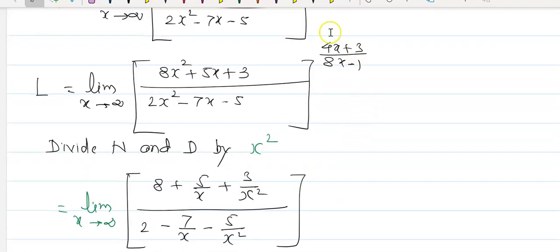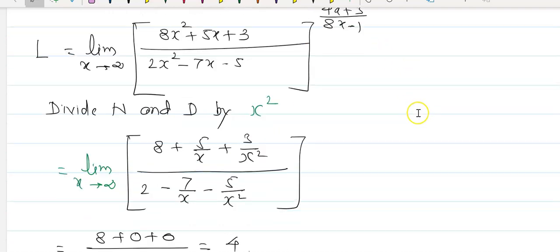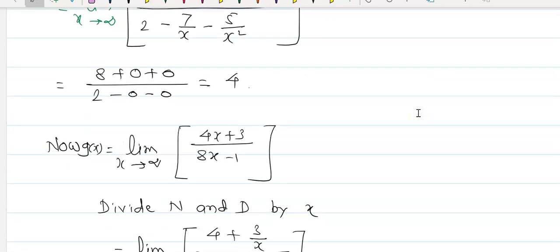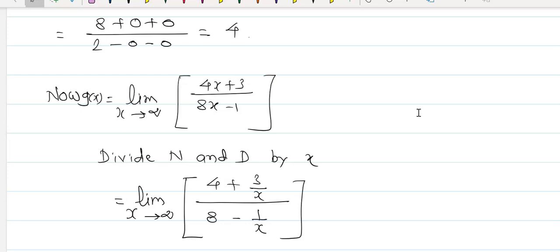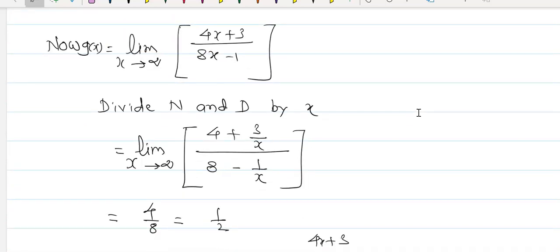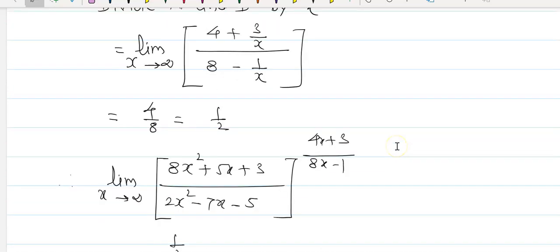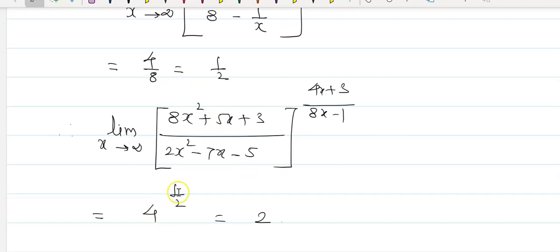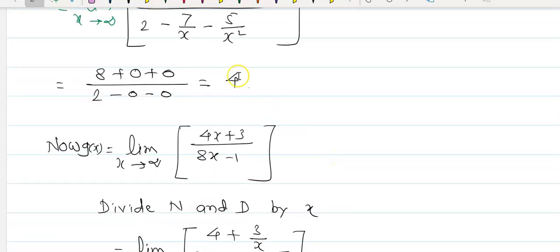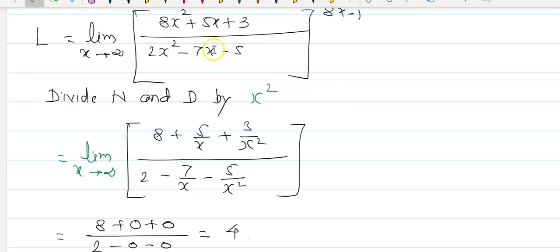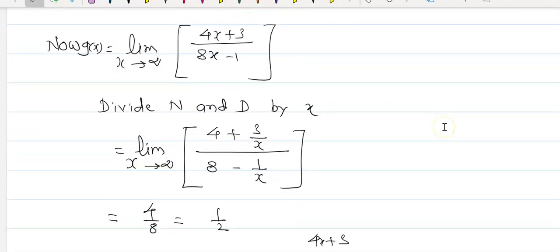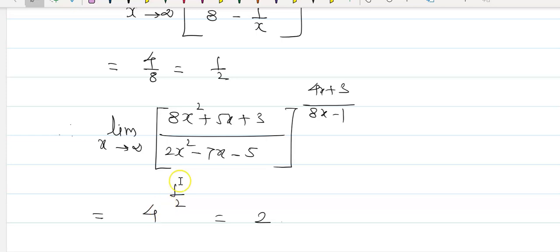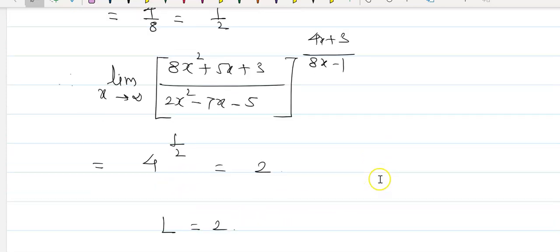And for their exponent, 4x plus 3 upon 8x minus 1, dividing numerator and denominator by x, you will get 1 upon 2. That is 4 to the power 1 upon 2. The limit of this is 4 and the bracket is to the power 1 upon 2. Therefore, you will get 4 to the power 1 upon 2, which equals 2. Therefore, it is equal to 2.